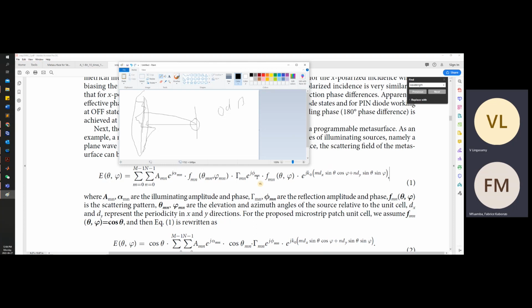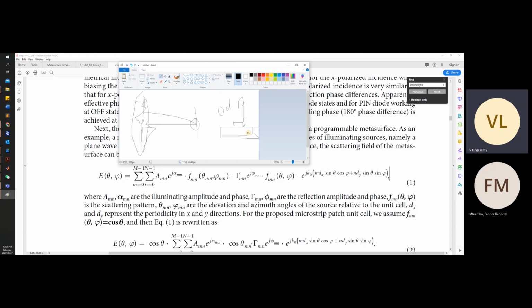How the phase is introduced, if you want to dig into that: for example, the unit cell has a substrate, a patch, and a ground plane. The wave, until this point, is coming in free space.